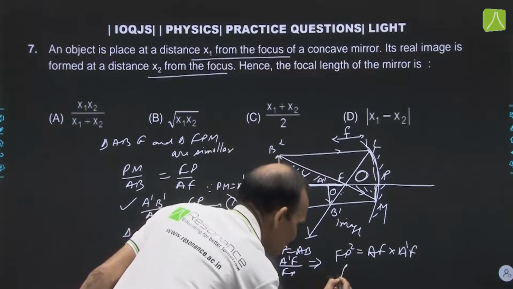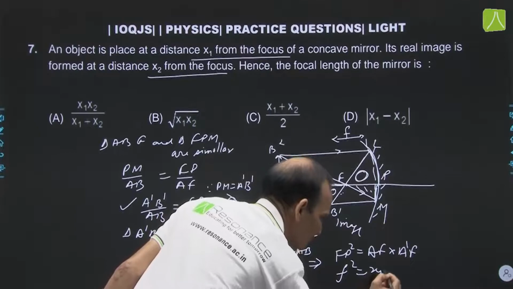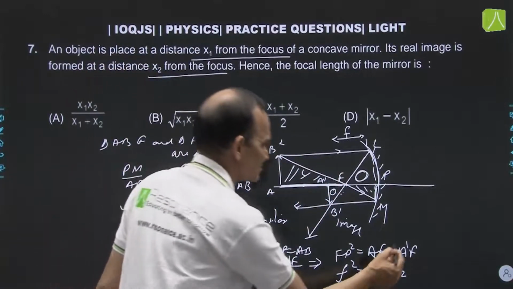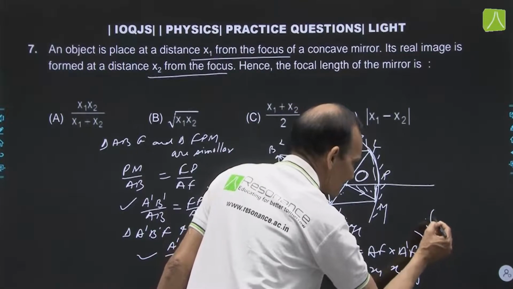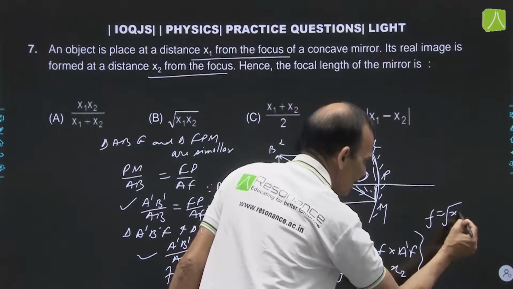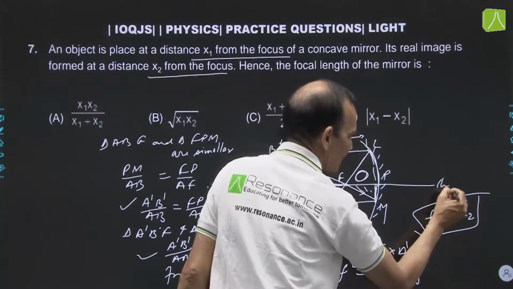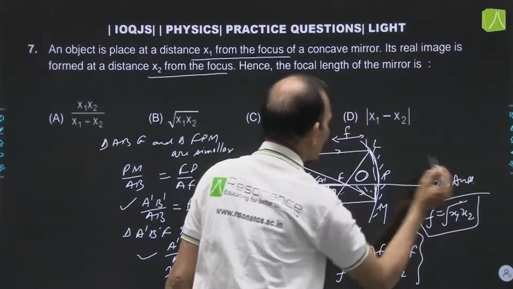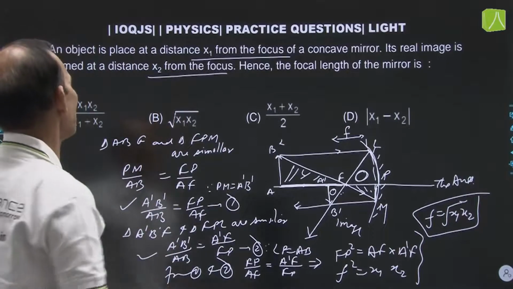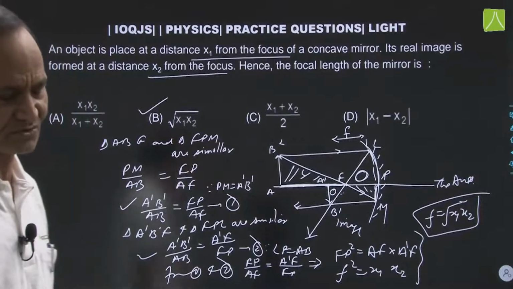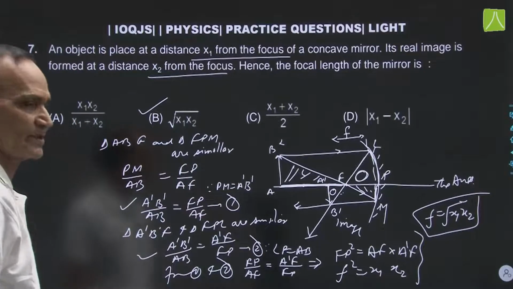So F square is equal to x1 x2. So what is F? Square root of x1 x2, it is the answer. So the correct answer is B. Focal length will be square root of x1 and x2. This was the solution of question number 7.